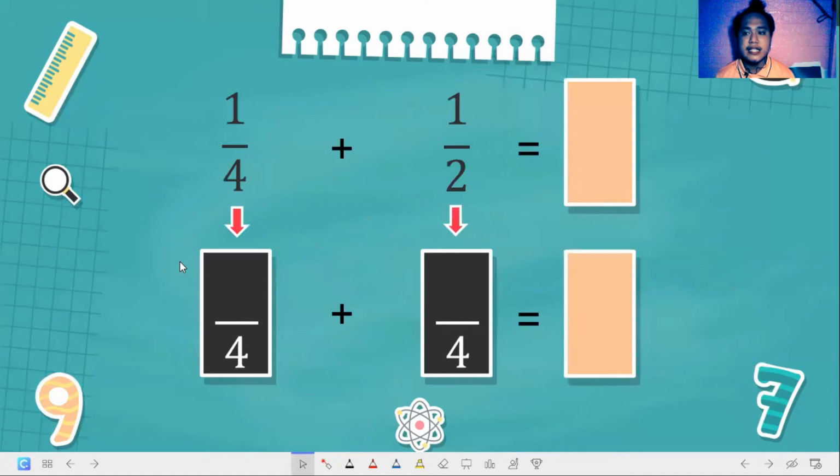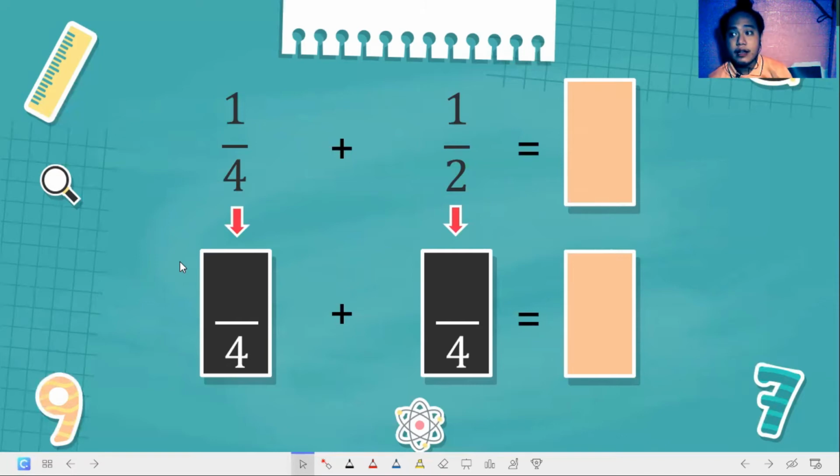Now, let's proceed to the second step. Once we have identified the LCD, we are going to transform each fraction into its equivalent fraction, if applicable. Later on, I will discuss why I put "if applicable."